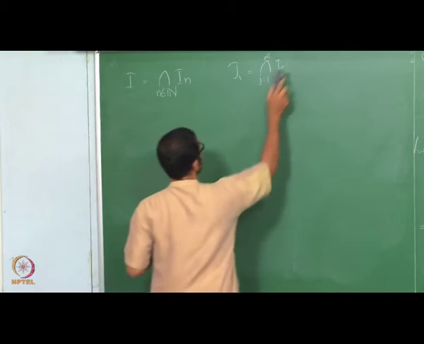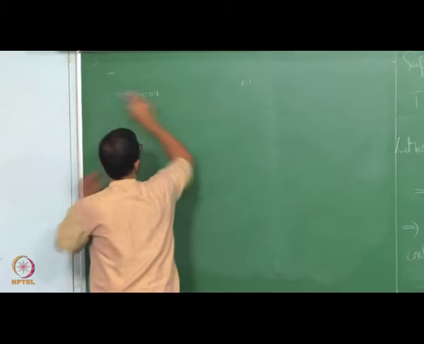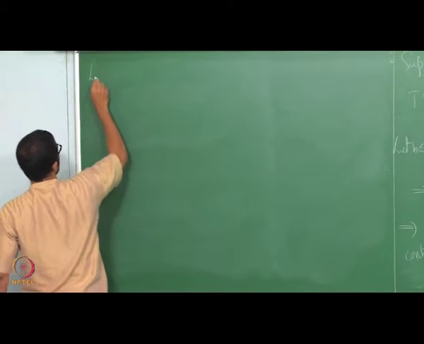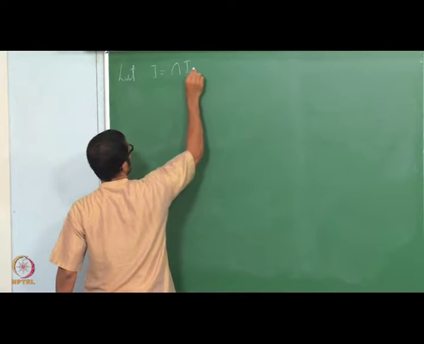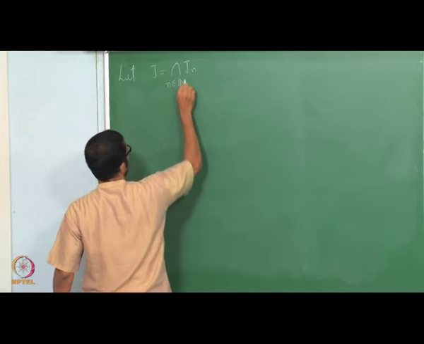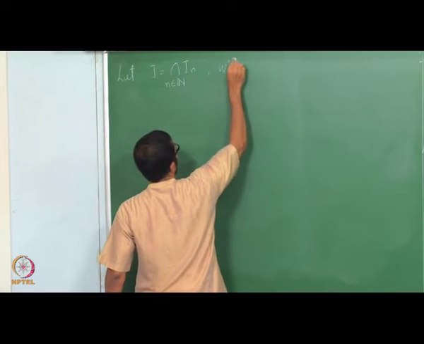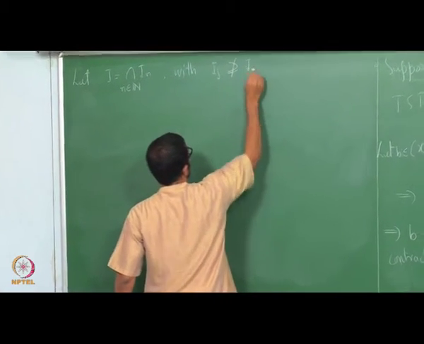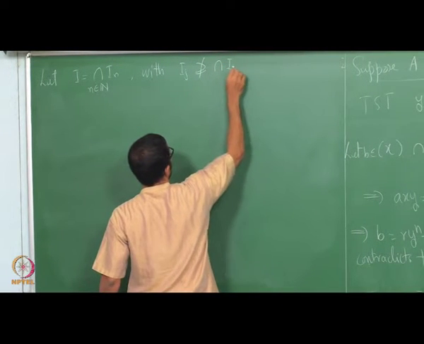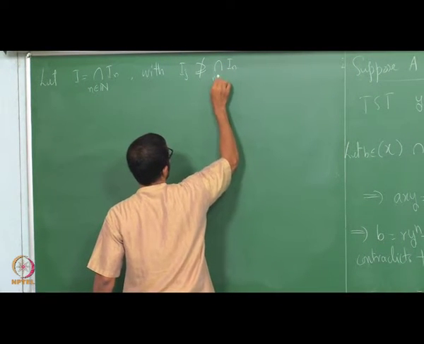So let I be equal to the intersection of I_n, n in N, with I_j not containing the intersection of the rest, not equal to I.